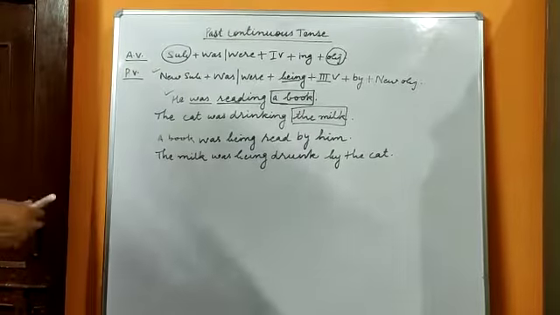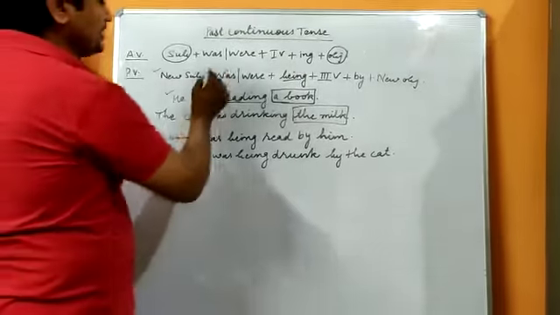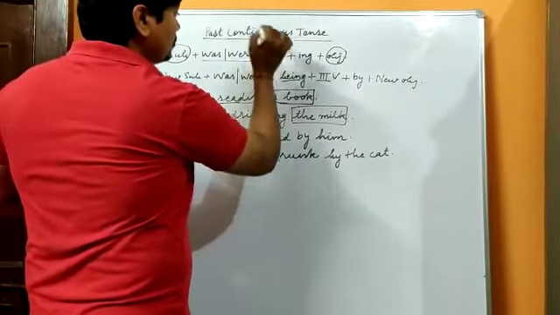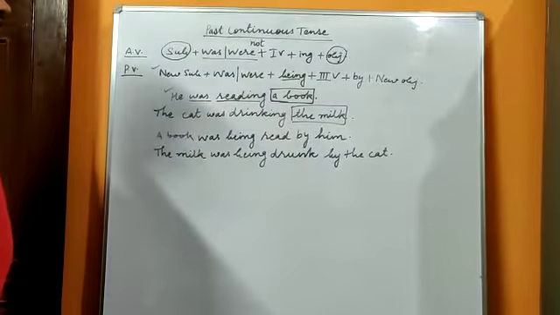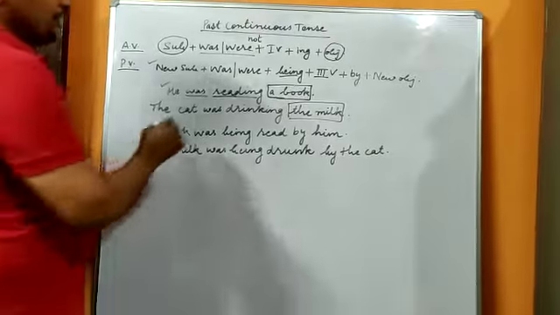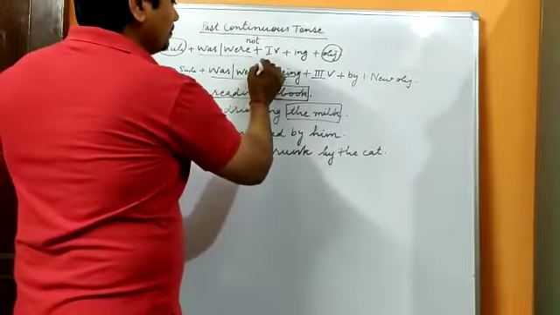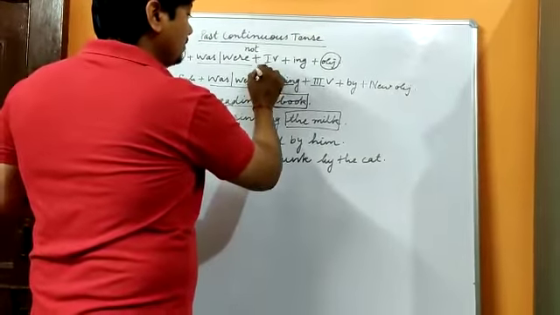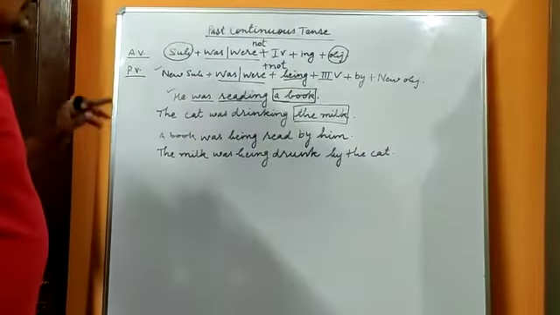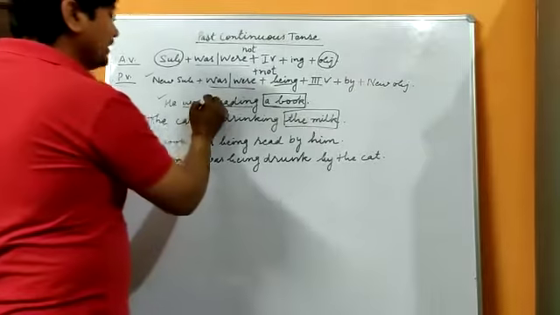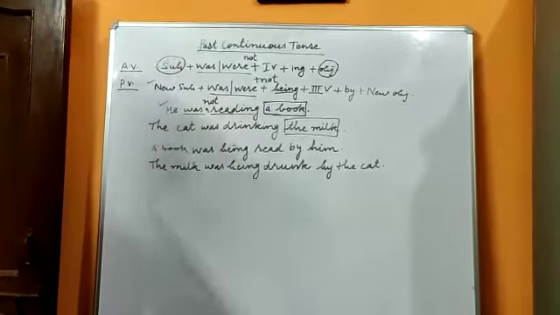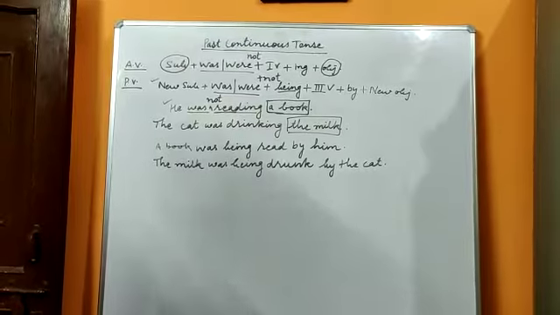And suppose the sentence is negative, meaning after was or were there is use of not. Okay, then in passive also, with the helping verb, just after them use not. It means if the sentence was he was not reading a book, what would be the passive?